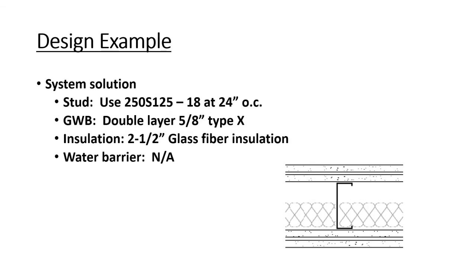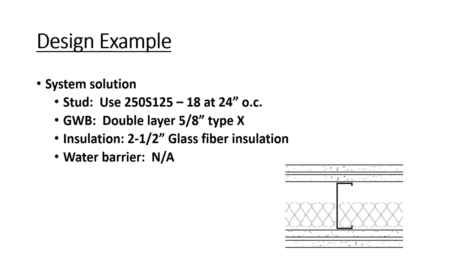So for this design, we are looking at a system solution that utilizes a 2.5 inch deep, 1.25 inch stud that is 18 mils thick, spaced 24 inches on center. The gypsum wallboard is a double layer on each side of 5/8 inch Type X board. The insulation is 2.5 inch glass fiber insulation in the stud cavity.